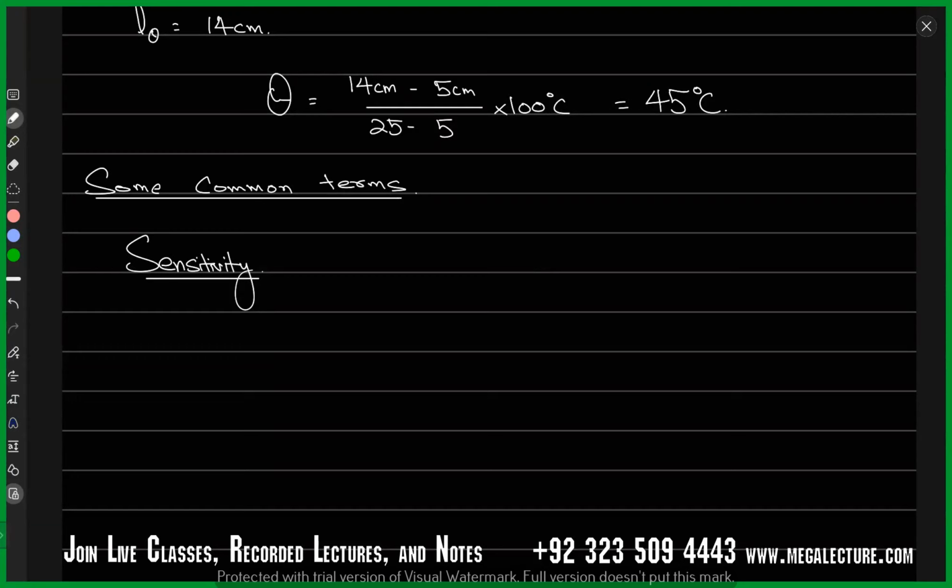So if the length of the mercury thread changes with those slight changes in temperature, then the thermometer's sensitivity is relatively higher. So we can say that sensitivity is the change in length per change in temperature.